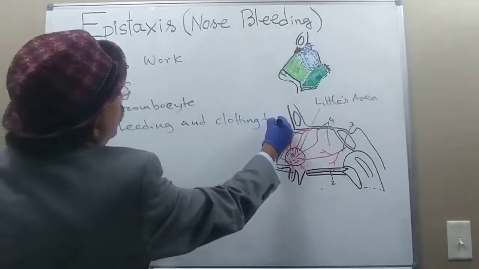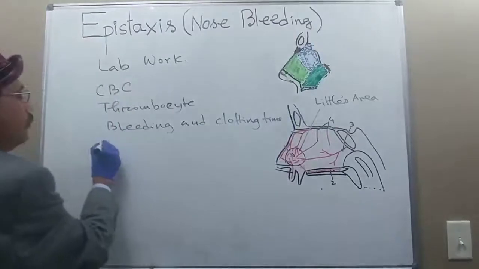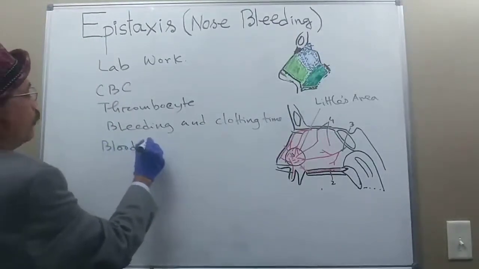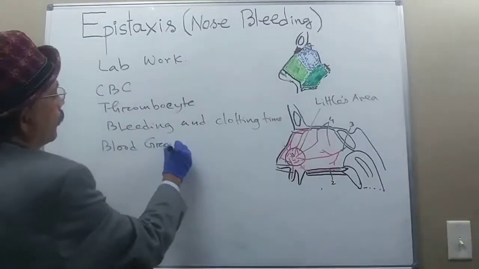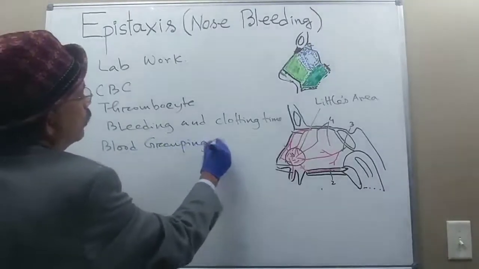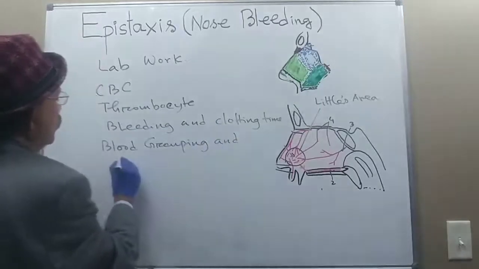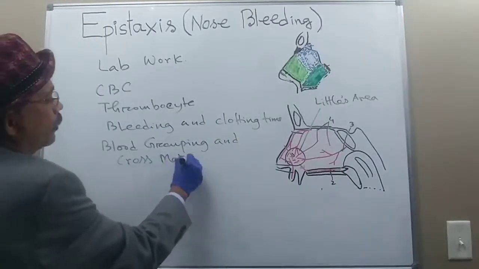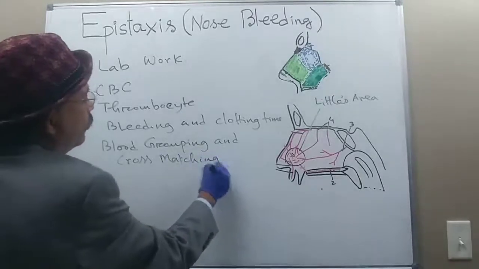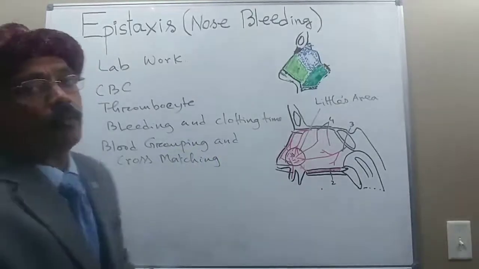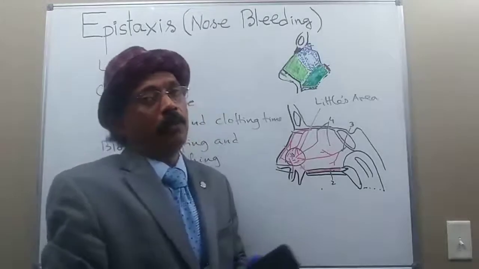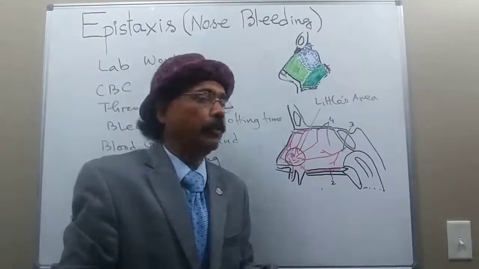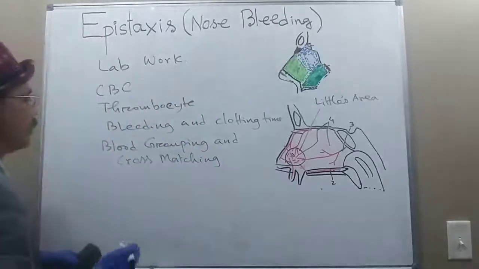We must also do the blood grouping and cross matching. It is not usually severe, it is a mild problem, but it may need hospitalization and blood transfusion on rare occasions. We must be ready for that.